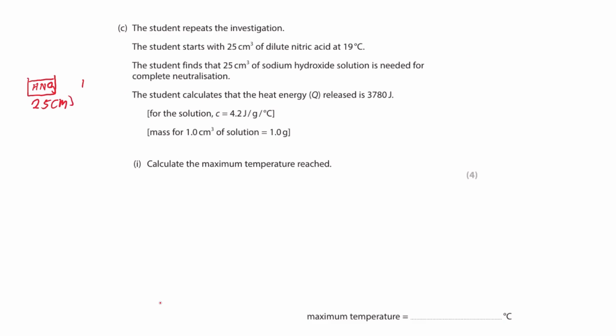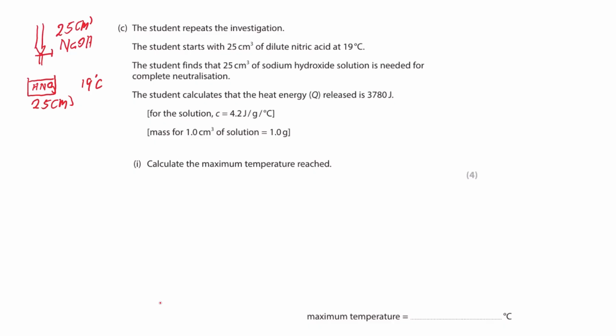Our room temperature is 19 degrees Celsius. The student finds that 25 cubic centimeters of sodium hydroxide solution is needed for complete neutralization. To neutralize this, we need to add 25 cubic centimeters of sodium hydroxide.